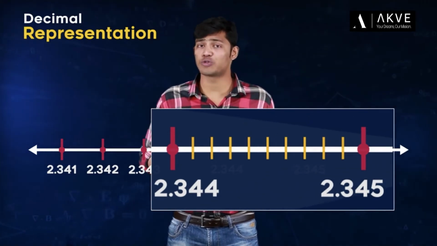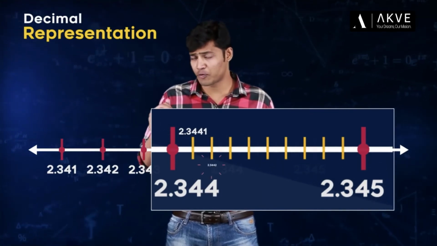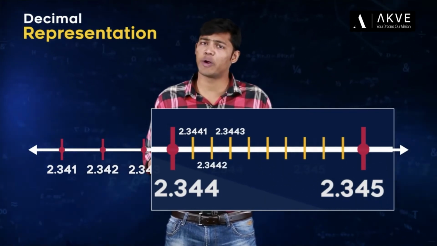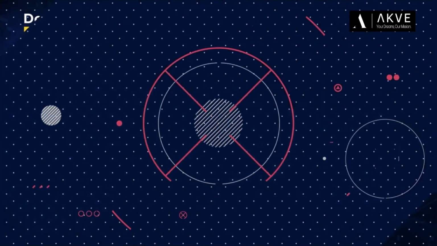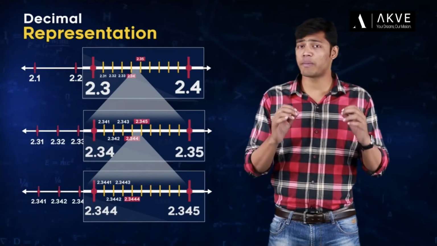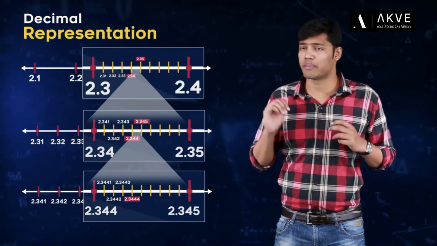So, the points will be 2.3441, 2.3442 and here is our required point 2.3444. So, this is how we will represent the rational numbers in their decimal representations on the number line.